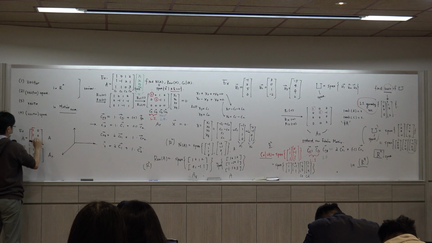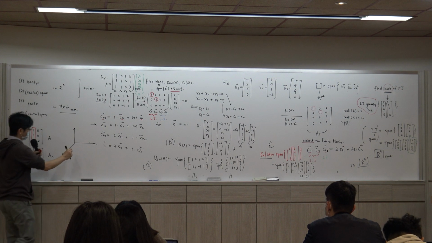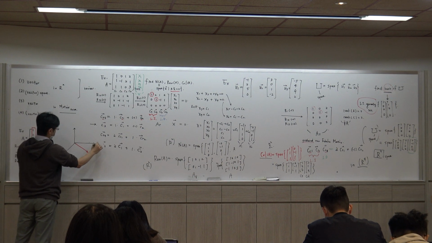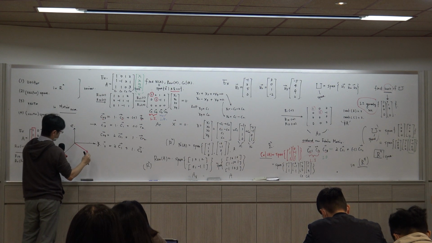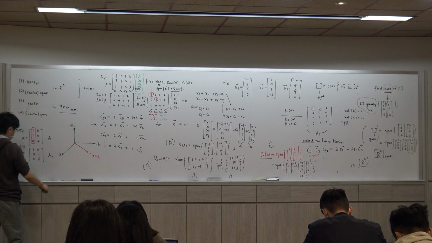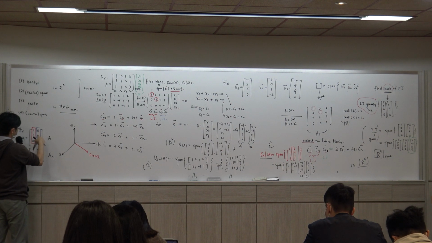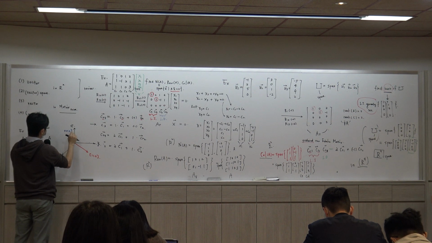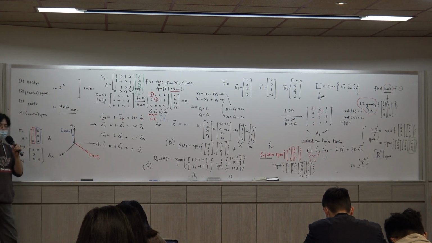So here, what is the vector for 1, 1, 0? 1, 1, 0 is in this direction. So it's x, y, z, right? So 1, 1, 0. And 0, 0, 2 will be in this direction, right?